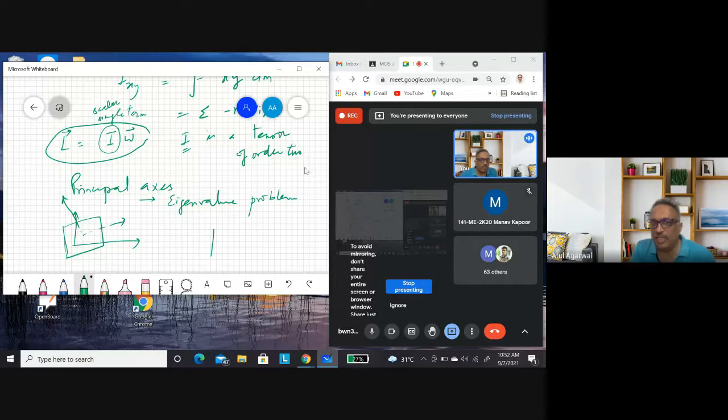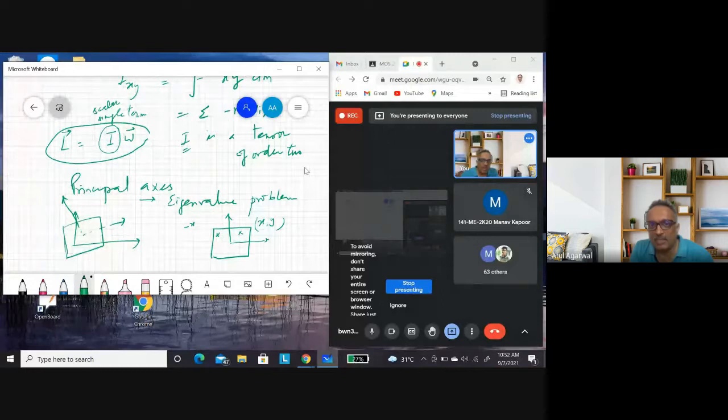For example, if you take a symmetric body like this, and this is your axis of symmetry, and if you take a particle here at position (x, y), then you will find there is another particle at position (-x, y).